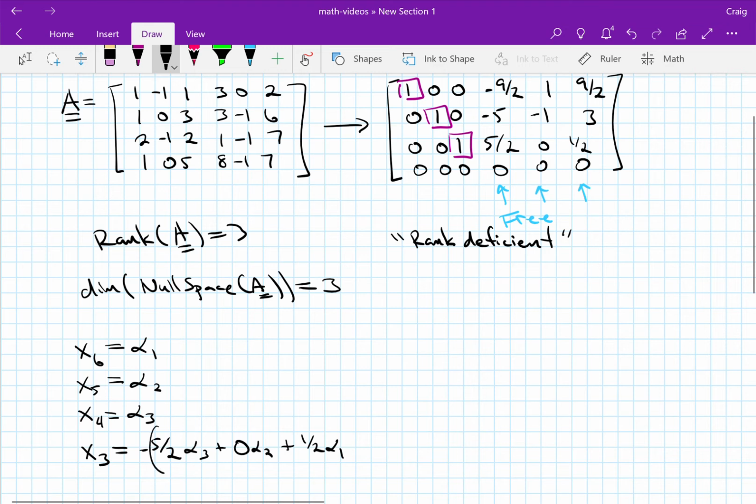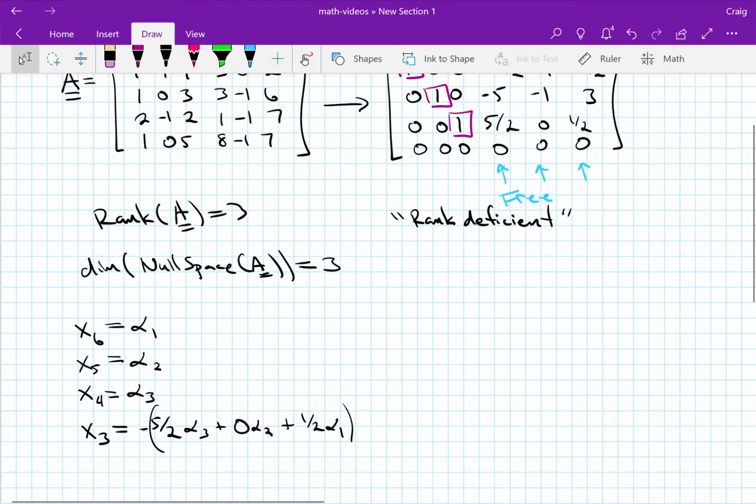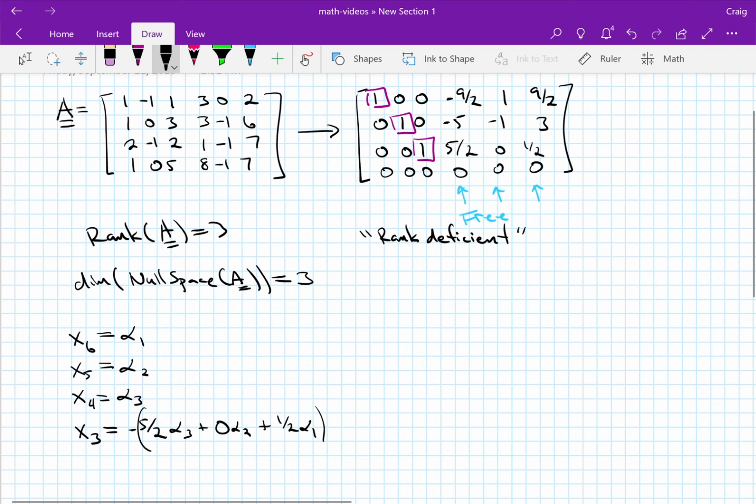That's all negative. The next equation says that x2 has to be equal to negative 5 alpha 3 minus 1 alpha 2 plus 3 alpha 1.